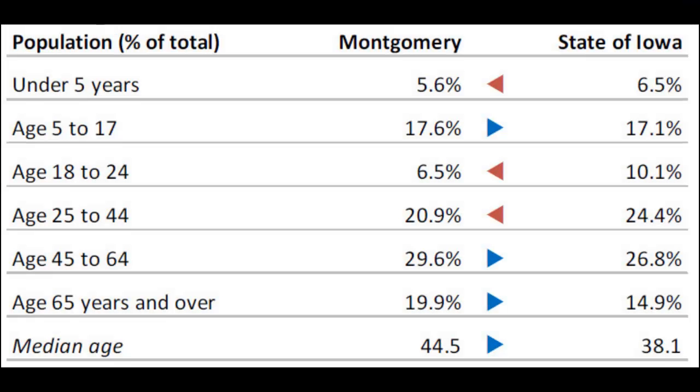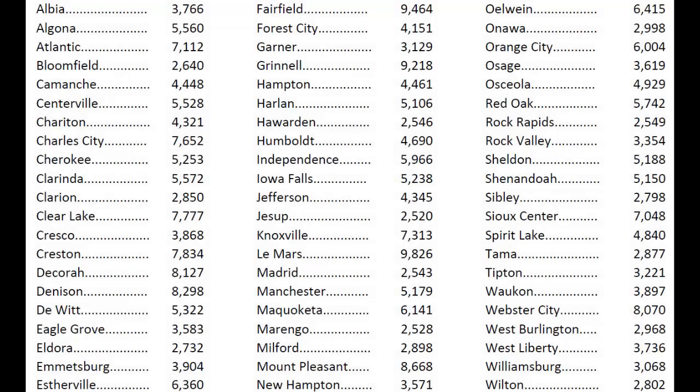The population demographics for Montgomery County are: 5 years and under, a little bit less than the state of Iowa; ages 5 to 17, just over the state of Iowa; 18 to 24 less than, ages 25 to 44 less than, and then 45 to 64 greater than, and 65 years and over greater than, with a median age of 44.5.